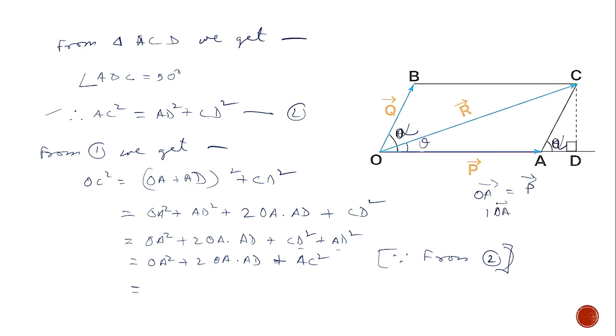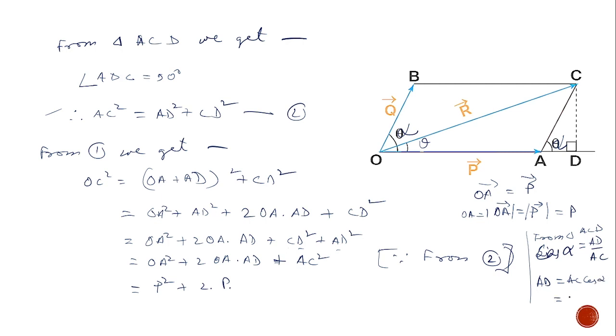So OA is equal to P. So we get P square plus 2P times AD. Now AD, from triangle ACD, cos alpha means AD by AC, or AD is equal to AC cos alpha.